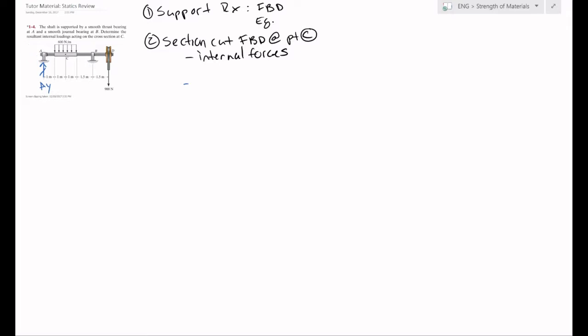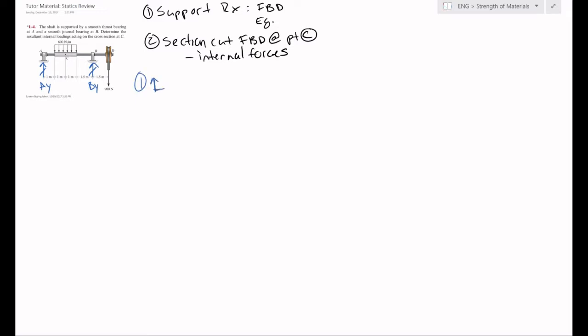So we'll only be looking at A sub y, and then B will also. So this is like A is like a pin, and B is like a roller. So then we have the distributed load going across this part with C halfway in the middle, and this 900 newtons down.